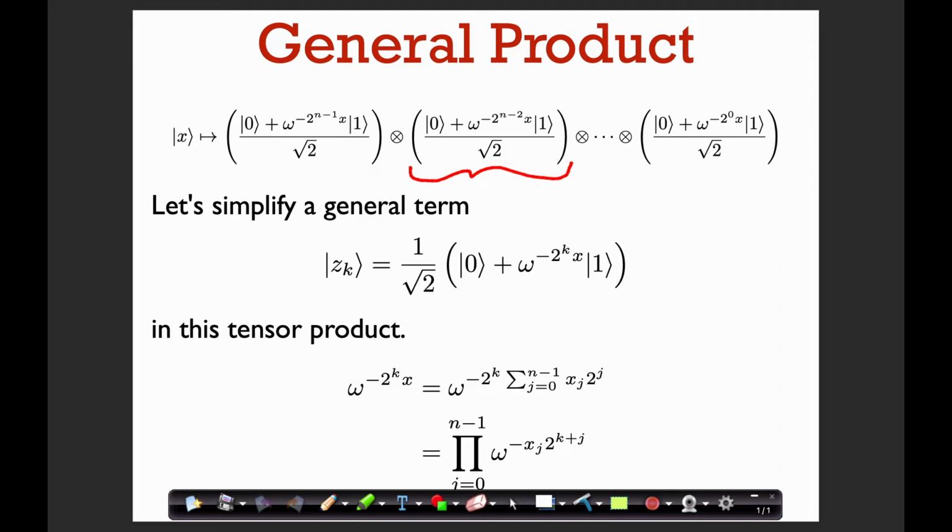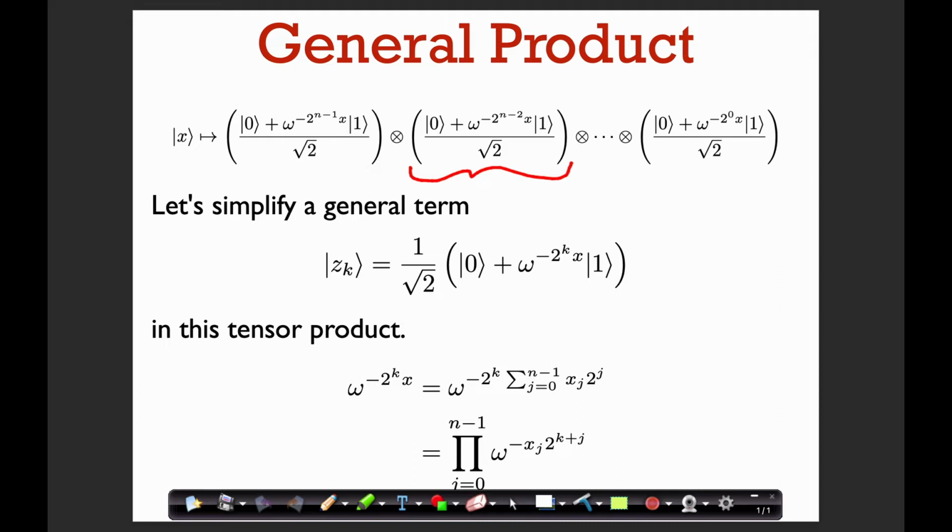Okay, so I'm going to call these terms zk. zk is going to be the term of this form, where we have 1 over square root of 2 times ket 0 plus omega to the minus 2 to the k times x times ket 1.